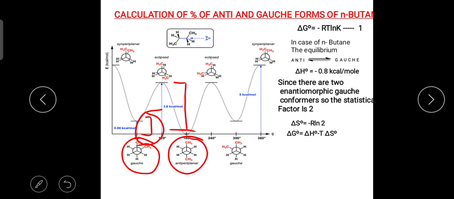Therefore we can find the ΔG0 value from this equation, and you know ΔG0 equals ΔH0 minus TΔS0.